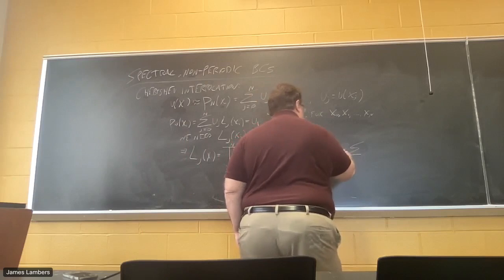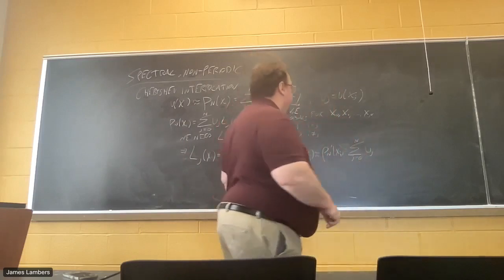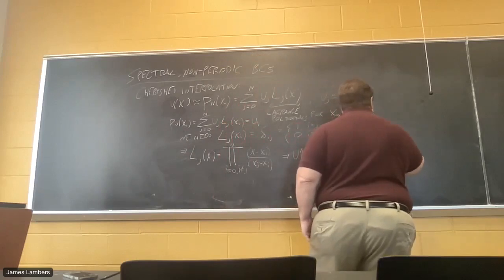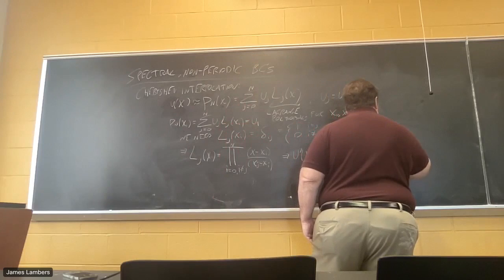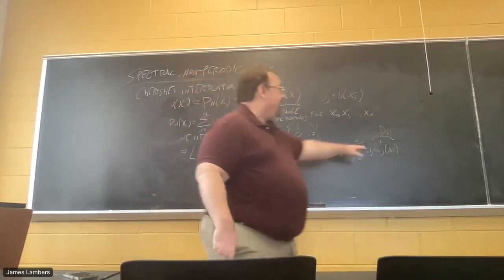That's going to be a sum over j, with the same coefficients uj, but then I have a derivative of Lj at xi, which I'm going to call dij, because these are just numbers now.